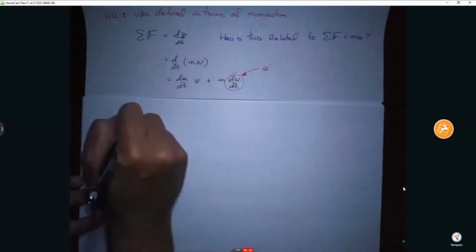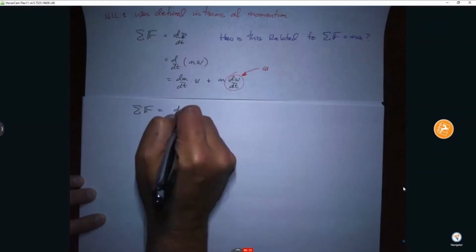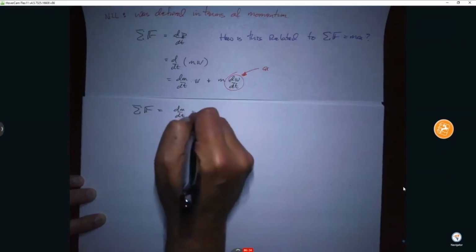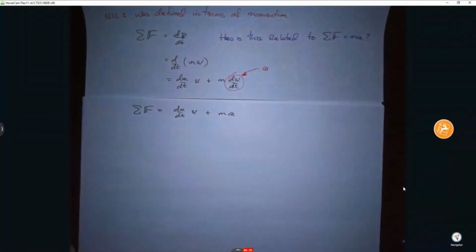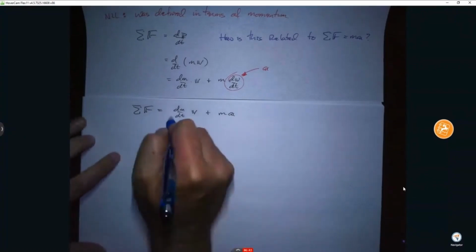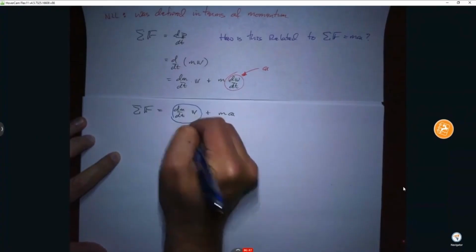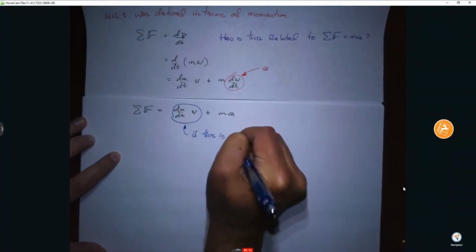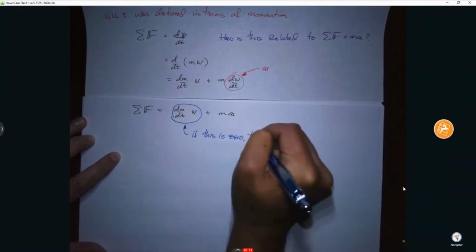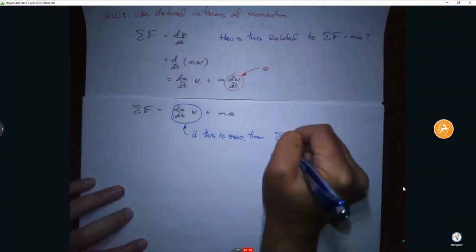So the net force is equal to the time derivative of the mass times the velocity plus the mass times the acceleration. And so essentially, if this term is 0, then what you get is F equals ma.